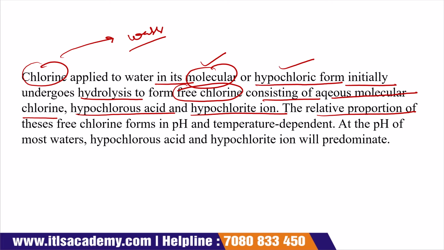The relative proportion of these free chlorine forms is pH and temperature dependent, and at the pH of most water, hypochlorous acid and hypochlorite ion will predominate.